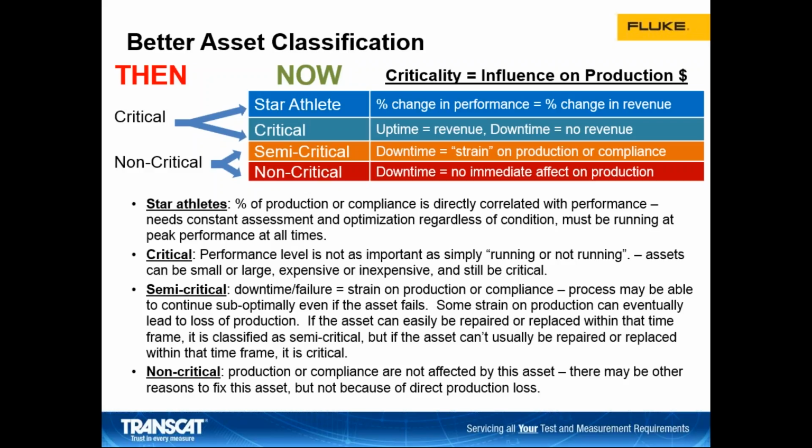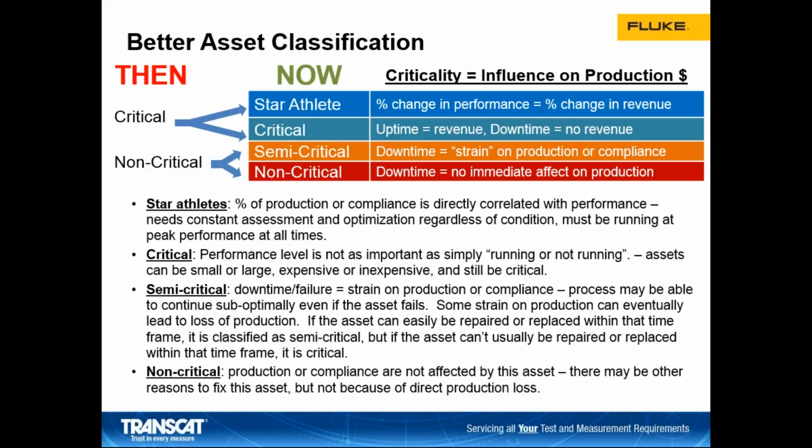A better way to look at your machines may be to group them by which are your star athletes, the ones where even a small change in performance is going to impact your bottom line. Those are really important production-limiting machines. The next are our critical machines, and that's probably going to be the ones that we focus on.